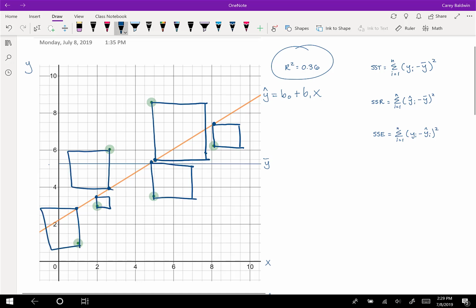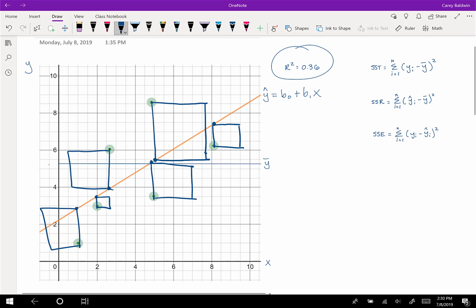Not the most gorgeous picture, but at least you can see now this is another source of variation. The sum of squared error, the one we see right now, is one that we can't account for with our model. The variation that we can explain is the sum of squared regression.